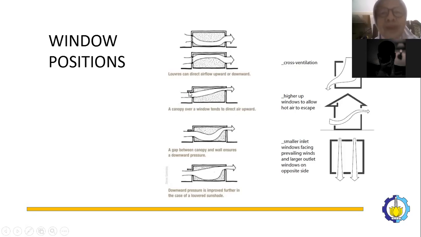If the overhang is compact, attached to the wall directly, then the flow is like this.